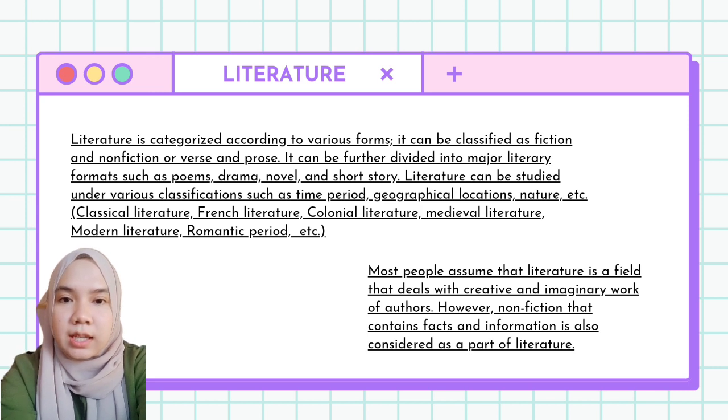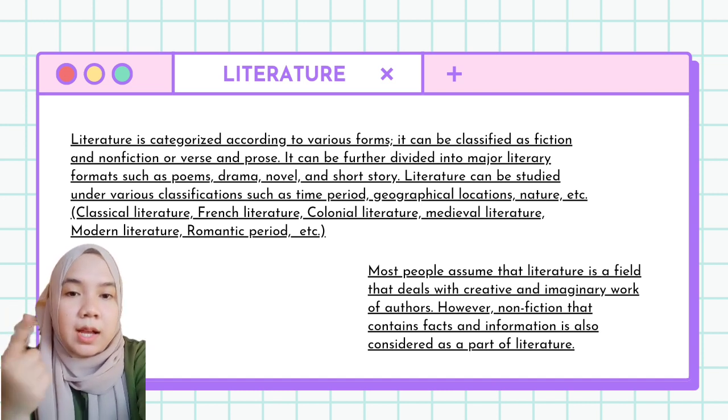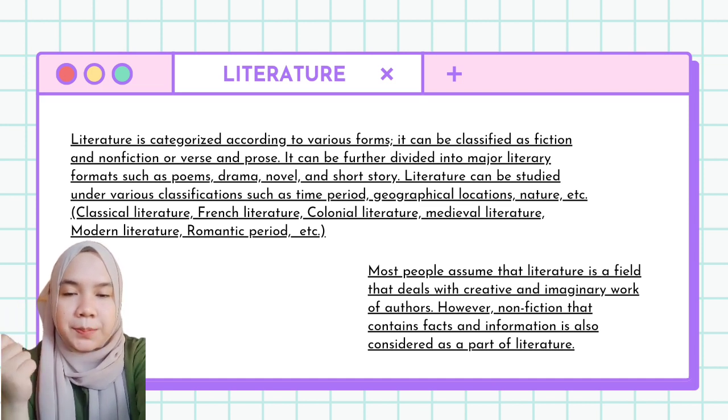Literature is categorized according to various forms. It can be classified as fiction and non-fiction, or verse and prose. It can be further divided into major literary formats such as poems, drama, novel, and short story.